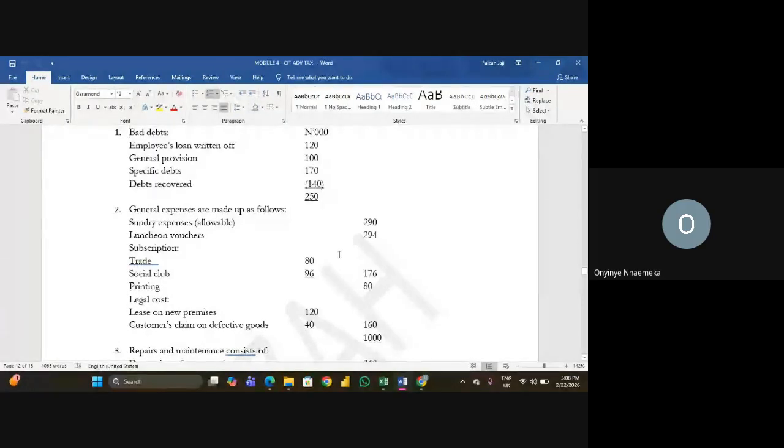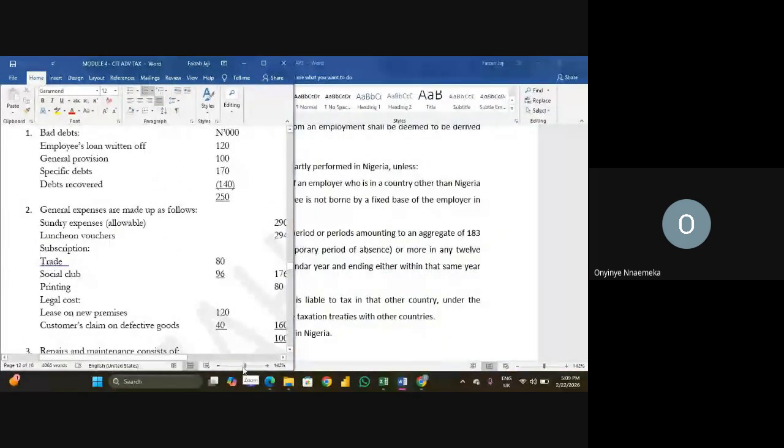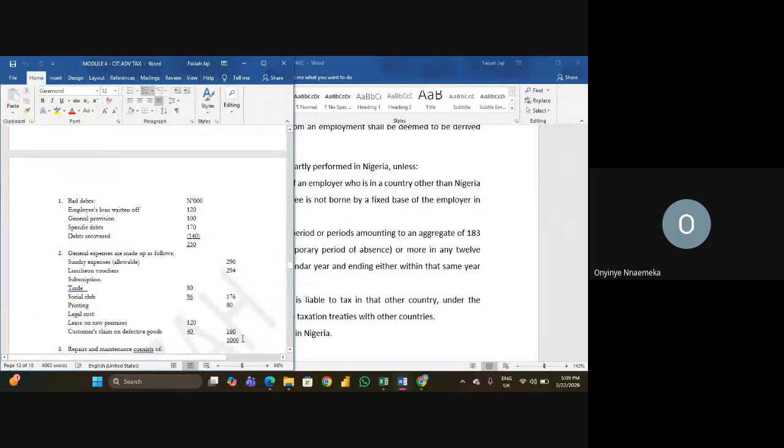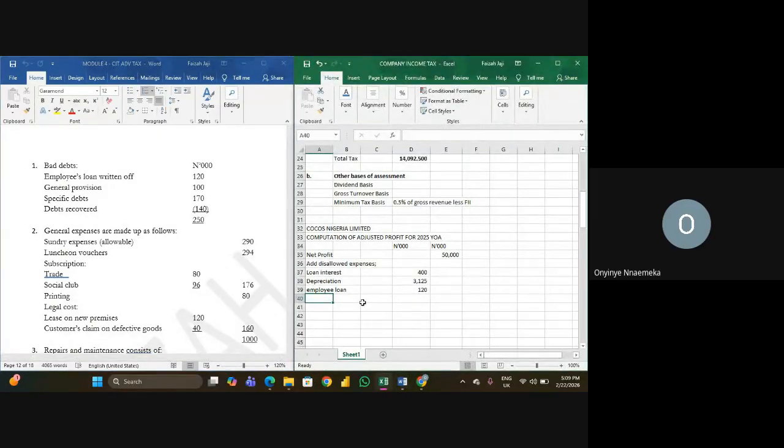I need my glasses. Let's continue using this Word. You guys should be able to see it like that. You can see it now. Yes, we can see it.